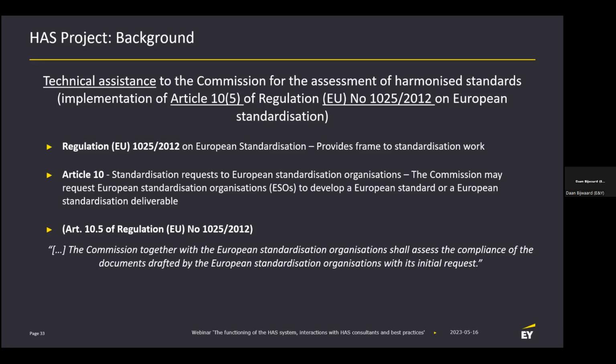In the execution of Article 10 of the 2012 Regulation on European Standardization, this Article 10 defines, among others, that the Commission may request the ESOs to develop a European standard or European standardization deliverable, and that the Commission, together with the ESO, shall assess the compliance of documents drafted by the ESOs with the initial request. So that's the mandate of the HAS system.